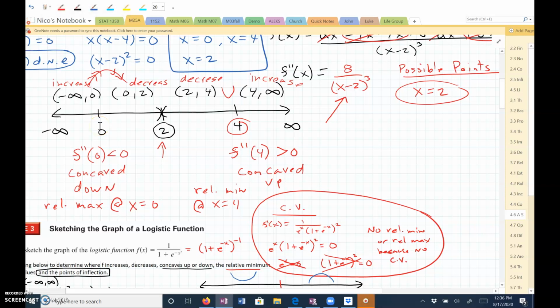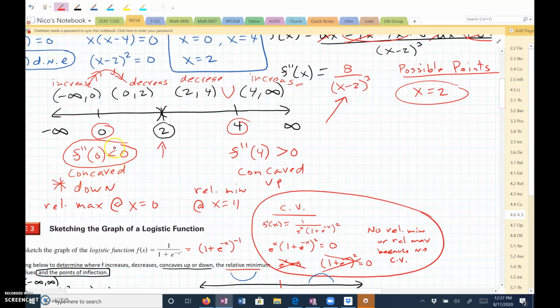Okay, picking up where we left off, we figured out that at x equals 2, since the second derivative of f of 0 is less than 0, this means that this is concave down.